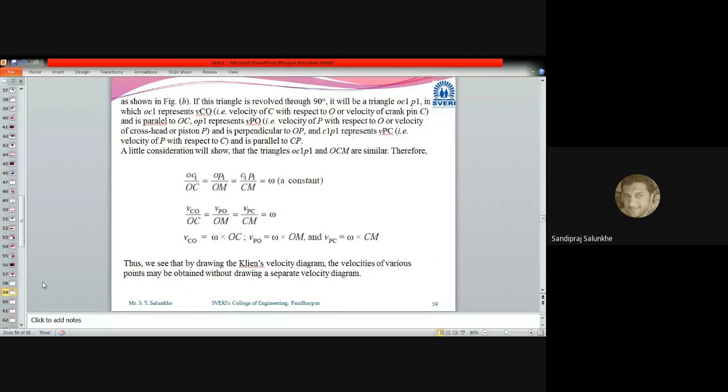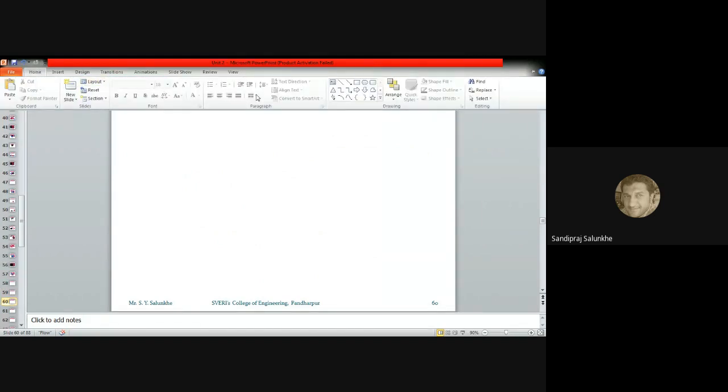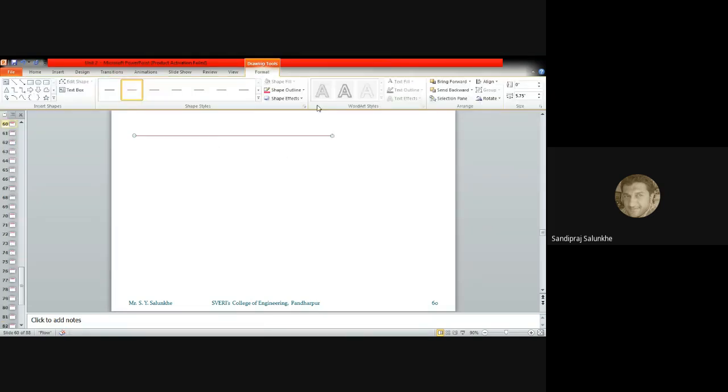Okay, so first I'll take a reciprocating mechanism. We'll draw that reciprocating mechanism. I'll take this as a line of reciprocation of the piston.